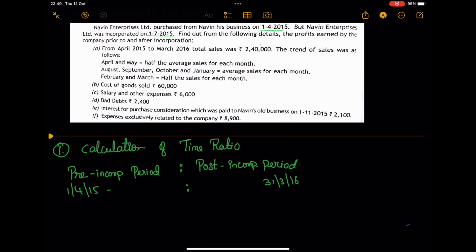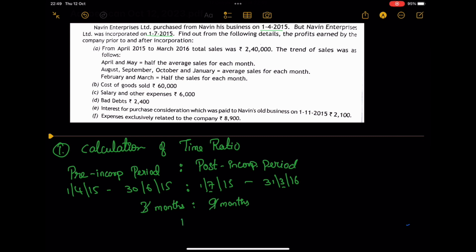So the company was incorporated on 1/7/2015, which means 30th June 2015 was the pre-incorporation period, one day before. So calculate the duration: April, May and June, so 3 months, isn't it? From July to March we'll have 9 months.